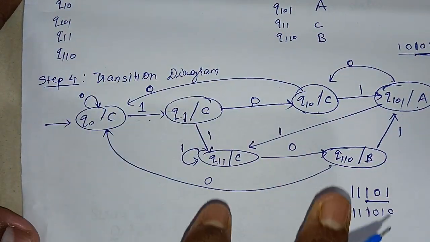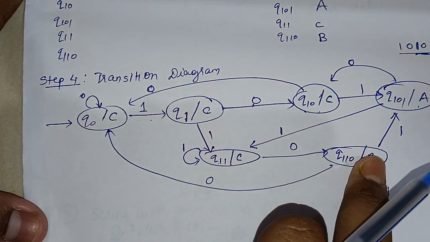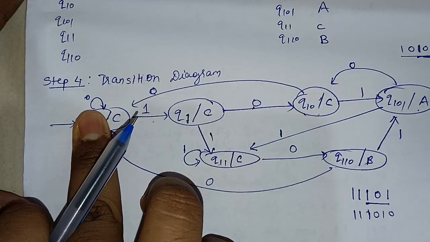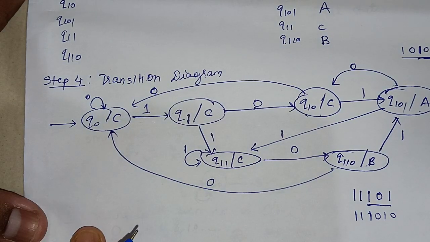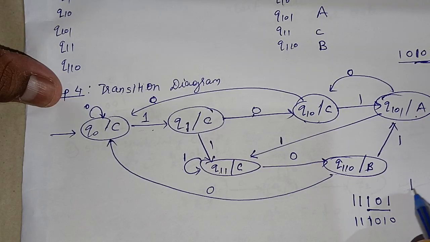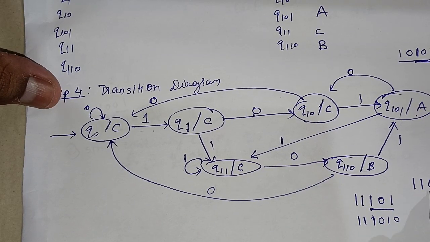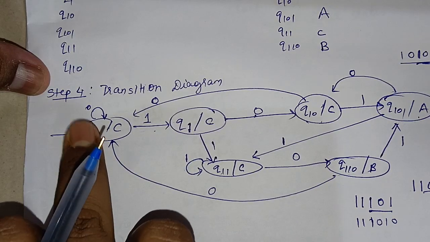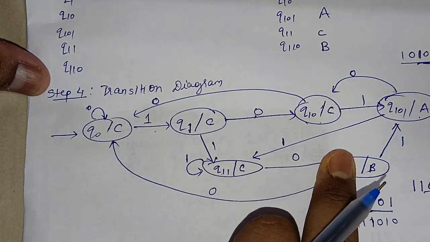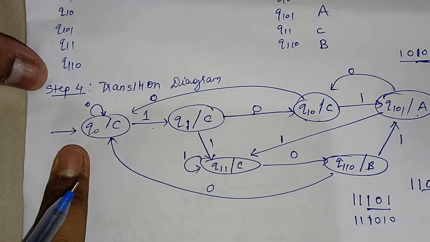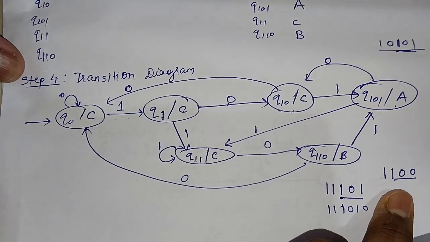For this is our transition diagram. That's why I make the transition of 1 from this state to this, and 0 to Q0 here. Now see, for input like 1 1 0 0, there is no 101, no 110 ending. Like 1 1 0, this should not come as output, right? That's why I'm making this transition to this here for this input.